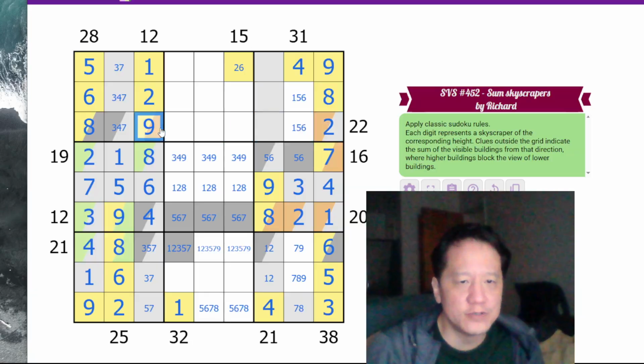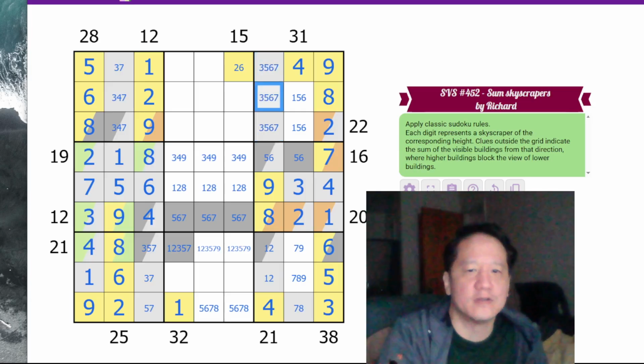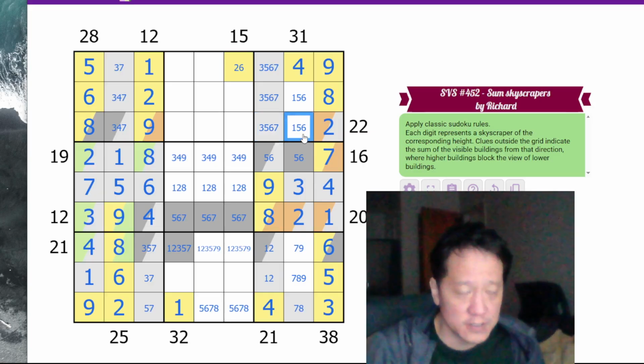That means the other digits must add up to 11. So it's either 3, it cannot be 3, 8. It's 4, 7, or 5, 6 that it sees. Remaining digits in column 7 are 3, 5, 6, and 7. If this were 7, that would see that, and it would see this digit here, possibly.